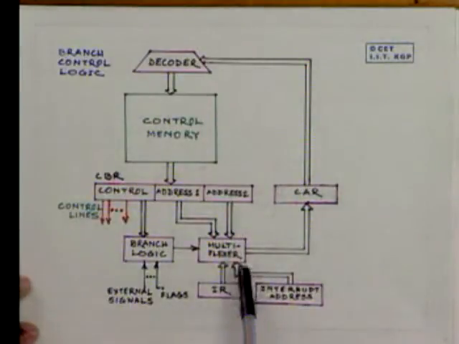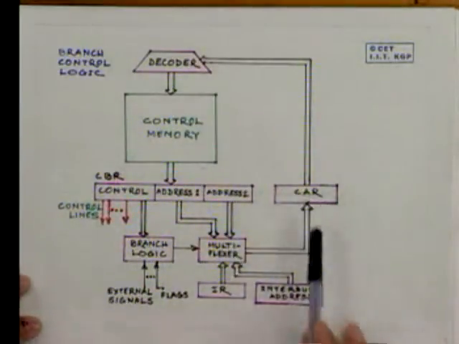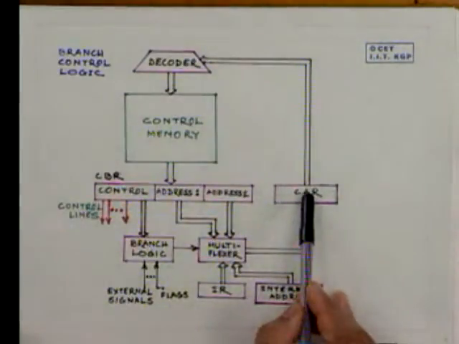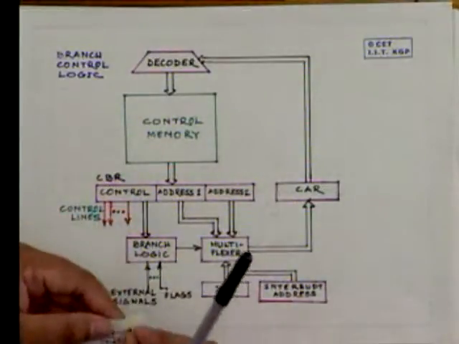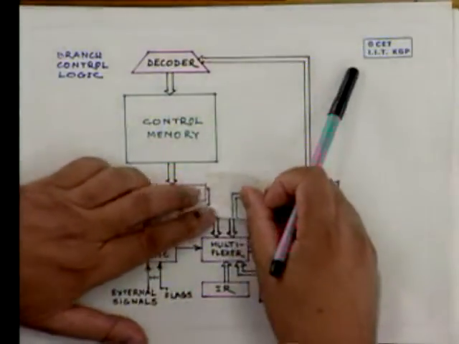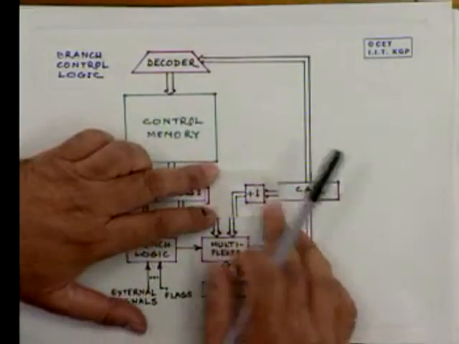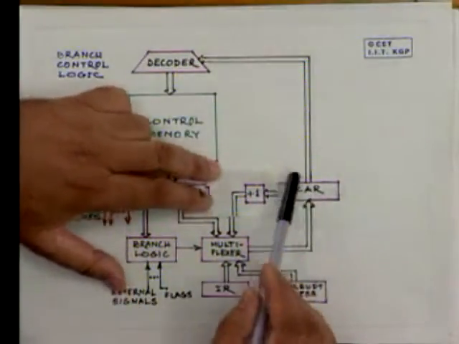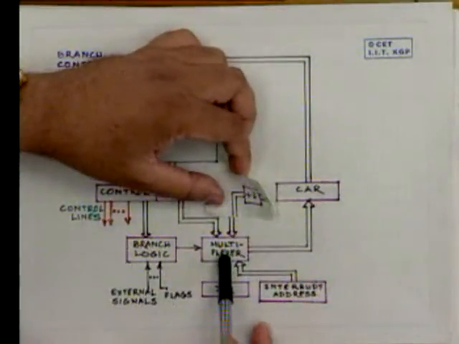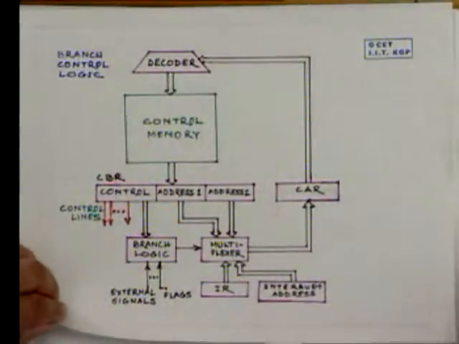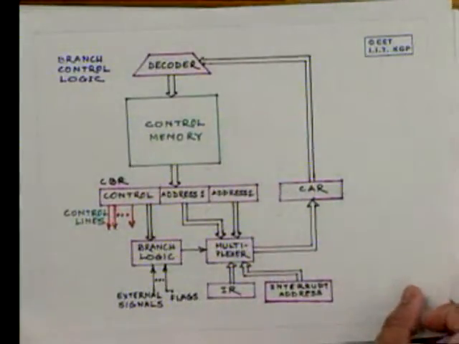One of these four inputs, that means address 1, address 2, instruction register or the interrupt address, is gated into the control address register, which decides what will be the next instruction executed. Therefore, either you have two addresses, or you have the control address register incremented and coming to the multiplexer. These are the two ways that we can execute the branch control logic.